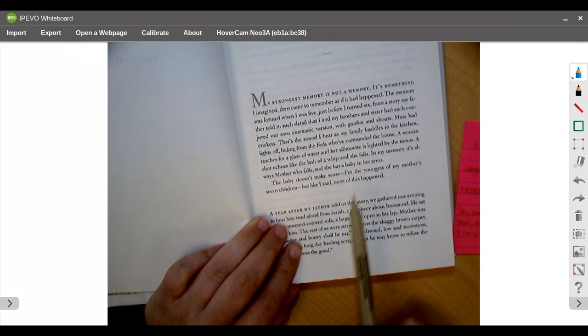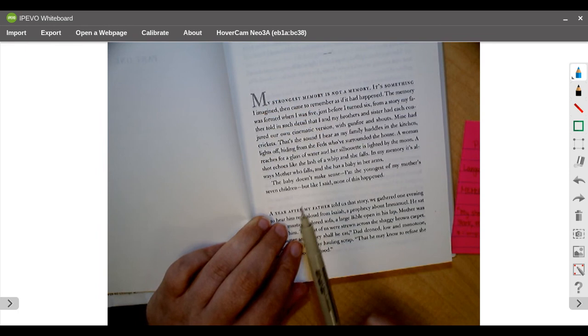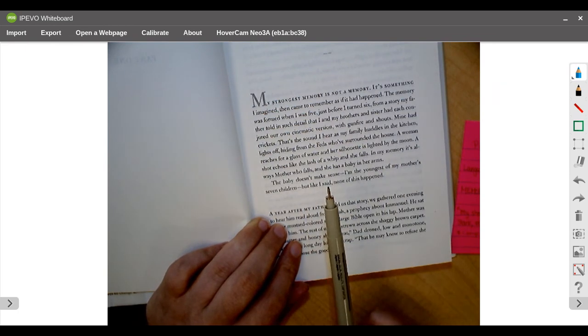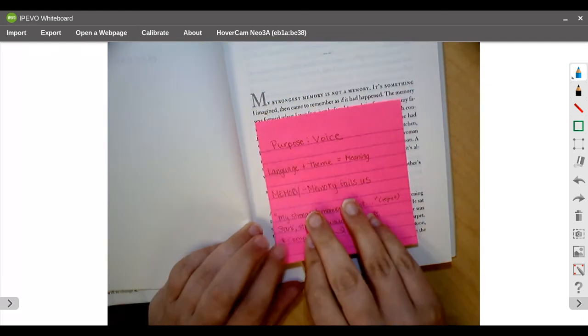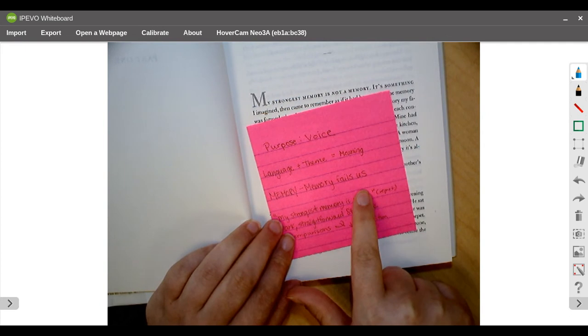All right. I'm going to identify a thematic idea that seems to be at play in the passage. And I'm going to pick 1 to 3 strategies or devices you see the writer using. Okay? You should always be able to look at the evidence that you found and connect it back to memory failing us.